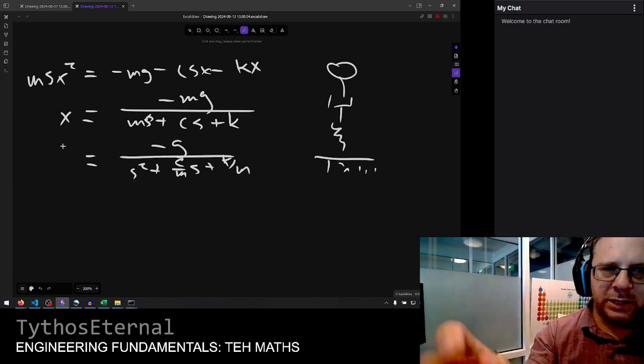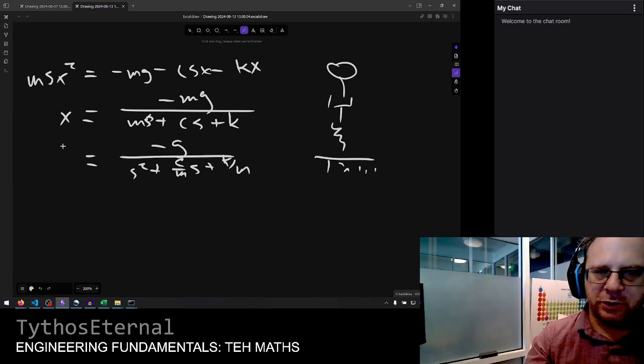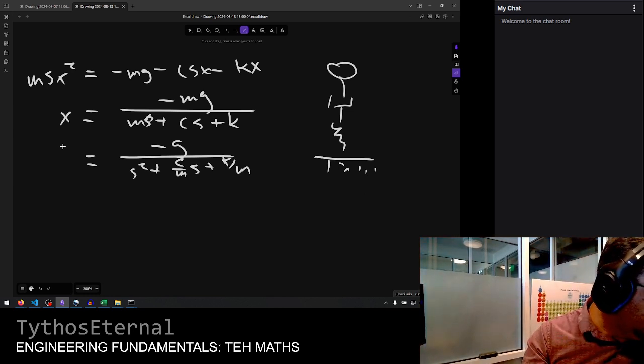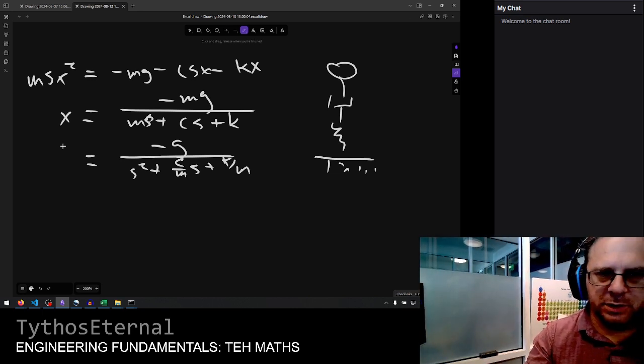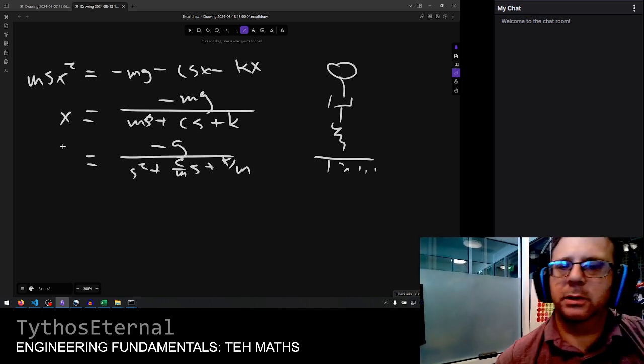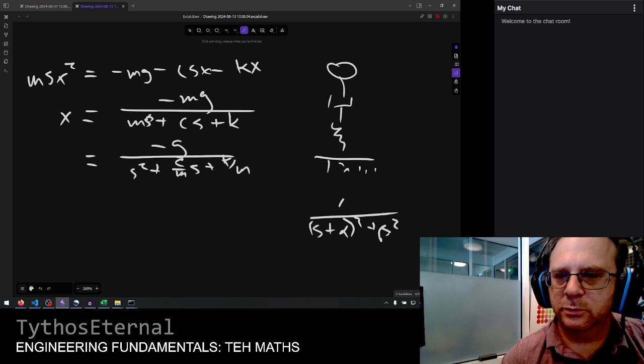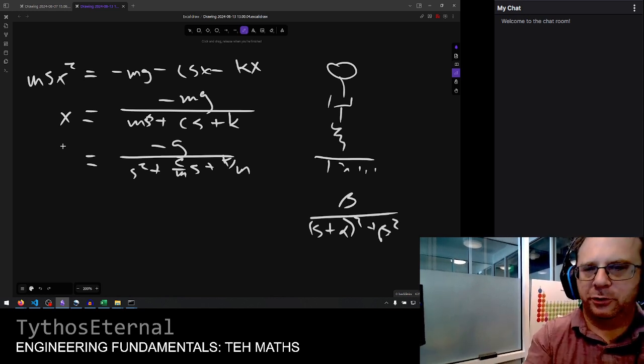So now we can use one of the transforms we had and back out expressions for alpha and beta. We know the general form is s plus alpha squared plus beta squared over beta.